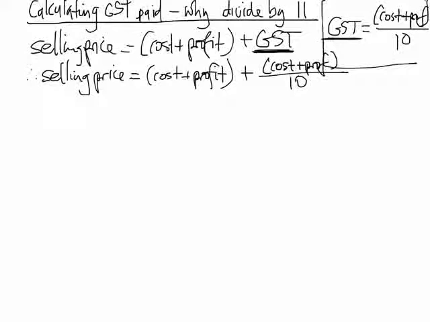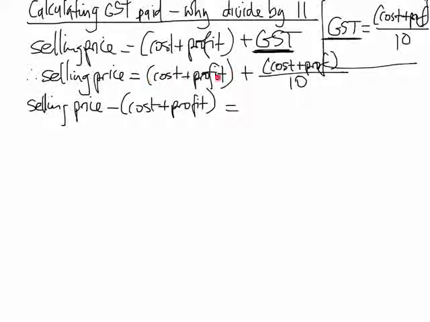So this left side is going to be selling price minus cost plus profit. So we got rid of this by minusing it, but to balance it we have to minus it from the other side. So the left side is equal to, and yes, we got rid of this by minusing cost plus profit, so all we've got left on this right side is cost plus profit over 10.